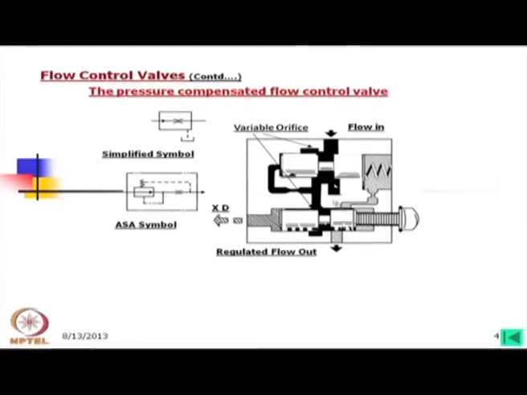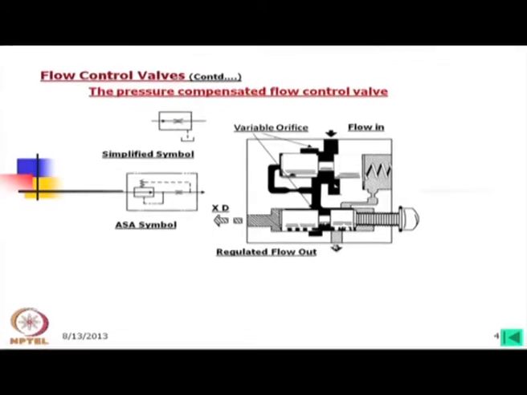What happens is that when the flow is going through this and going out, depending on the orifice opening here, some part of the oil flow goes back to the tank through the relief valve here and the other part of the oil goes to the other side. The amount of this flow is adjusted by this one, and it is pressure compensated in a sense.